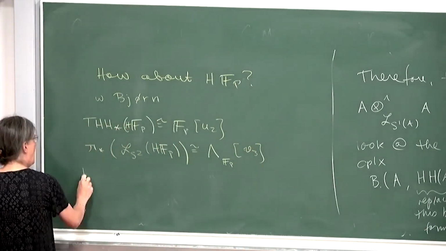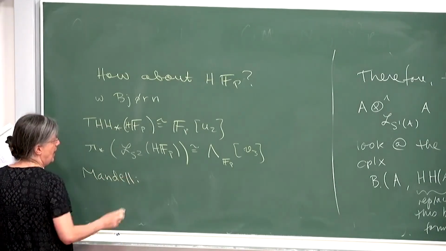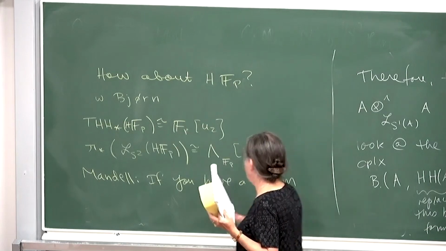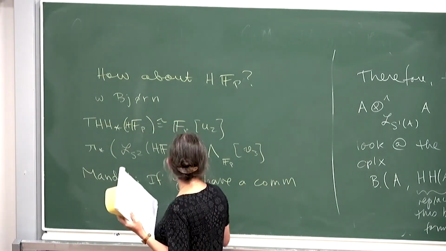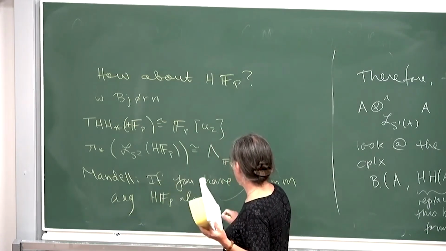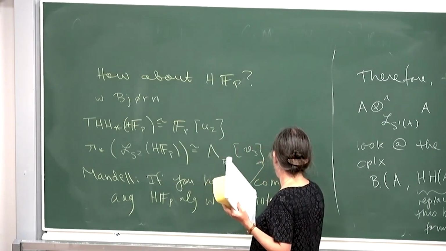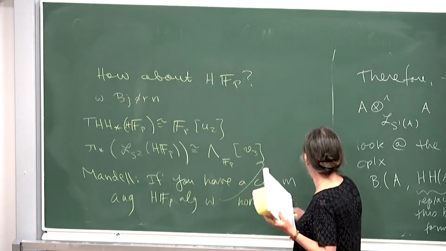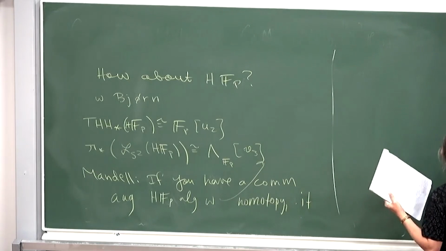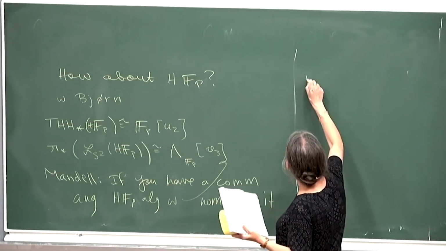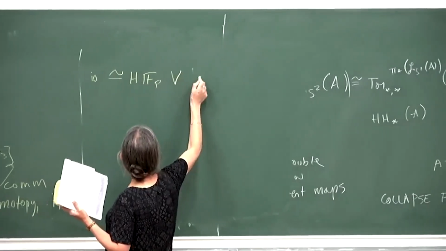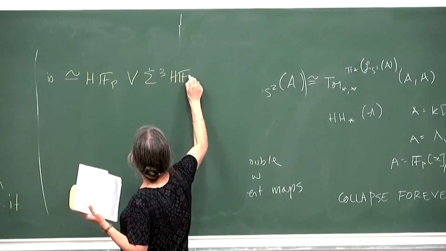Okay. And then Mike Mandell said if you have a commutative augmented HFP algebra with this homotopy, there's a chain of weak equivalences from that to HFP join sigma 3, HFP with a square 0 operation.